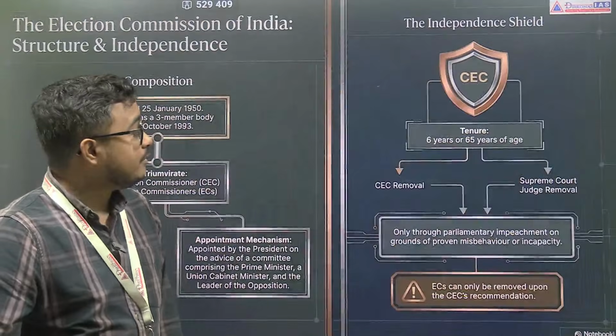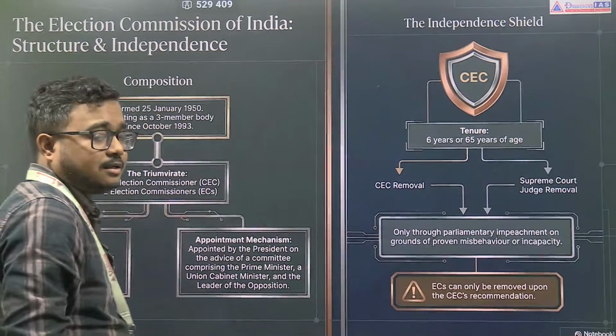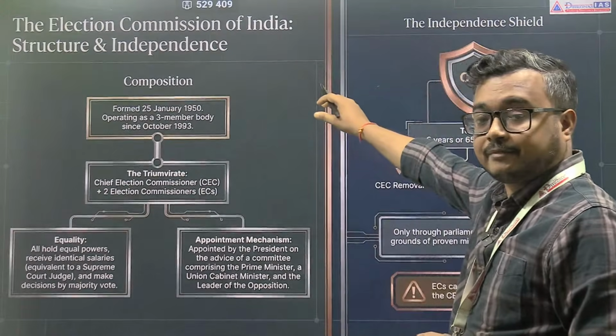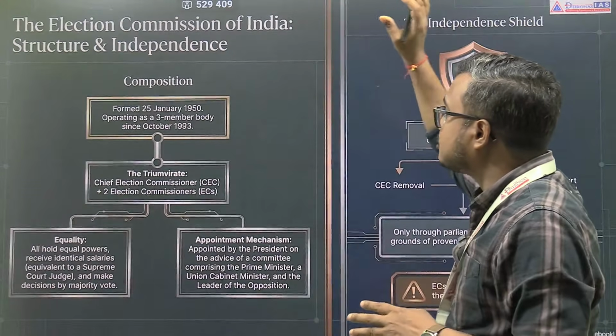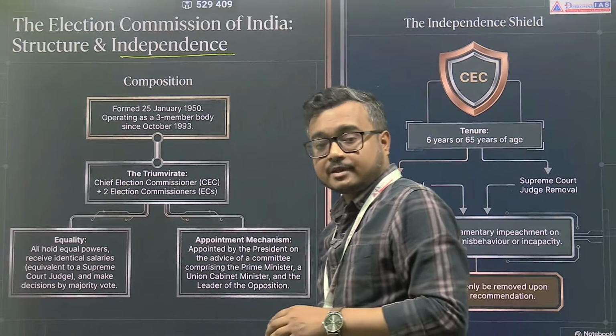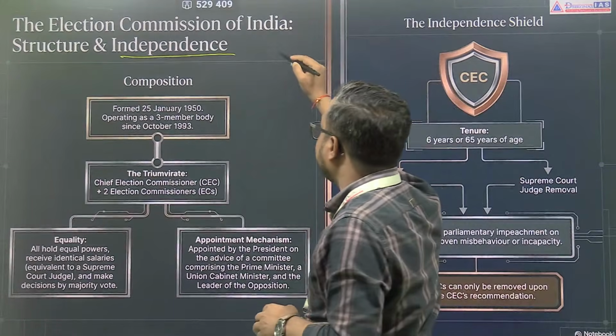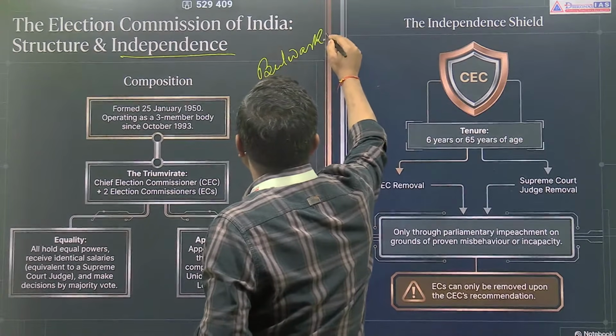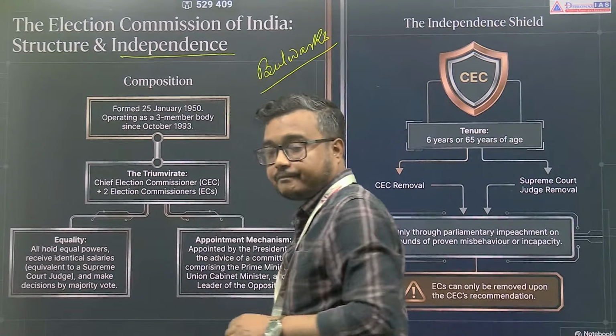Achha. Moving on, the next one, that is the authority, the engine that I'm talking about, the ECI. And the ECI's structure as well as obviously the independence. It is considered to be one of the bulwarks of democratic system in India.